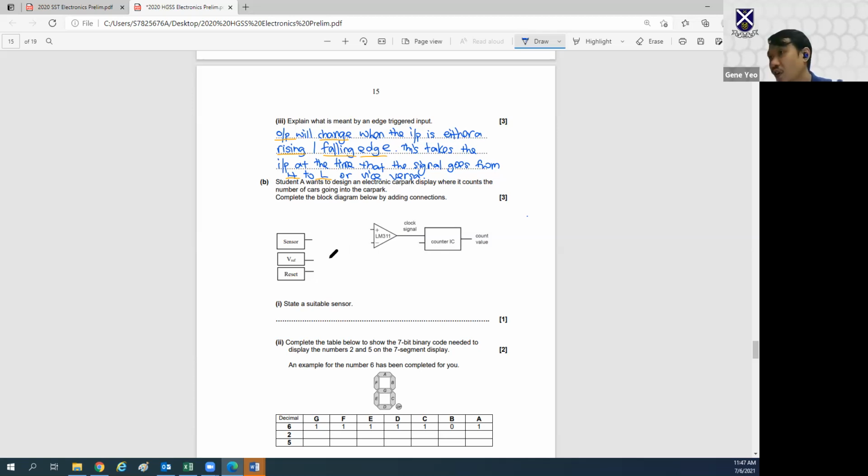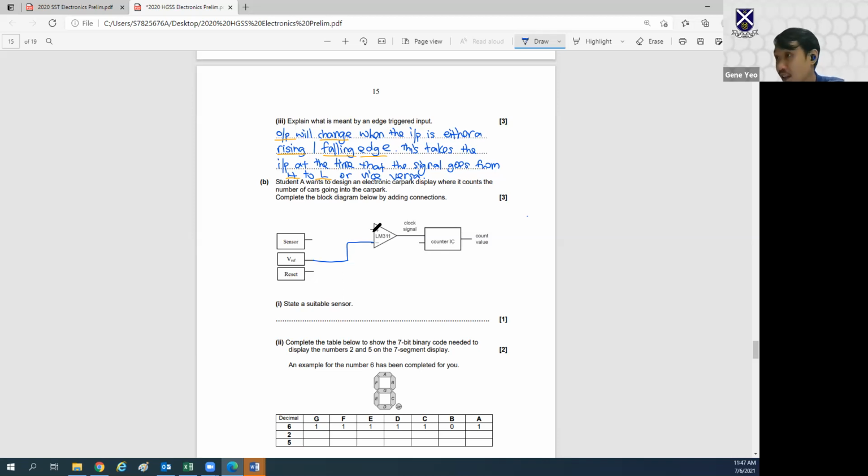And what voltage does it compare? Well, first of all, I need to have a reference voltage. So let's put the reference voltage into the inverting terminal. Now, some of you will be asking, hey, sir, how do I know whether the Vref goes into the inverting or the non-inverting?